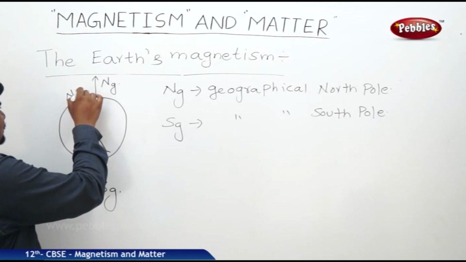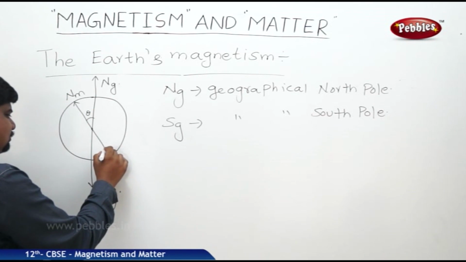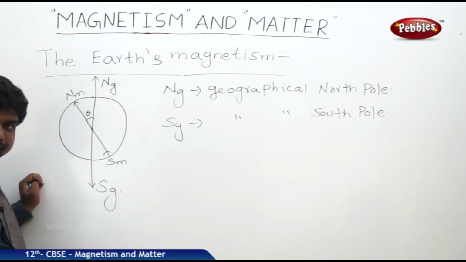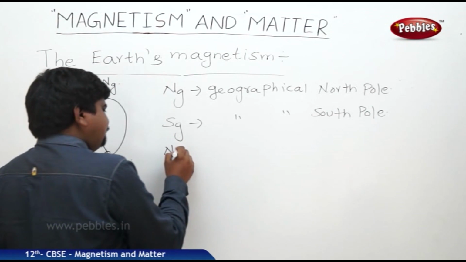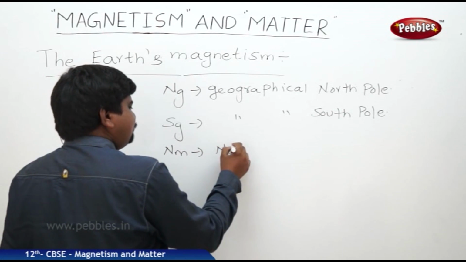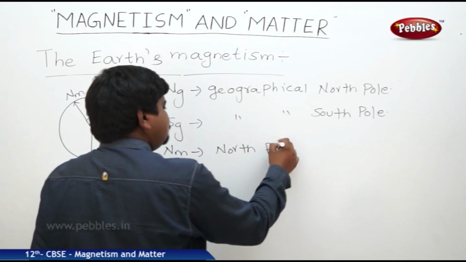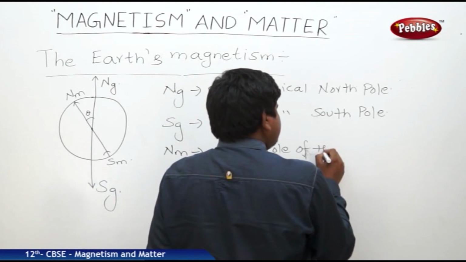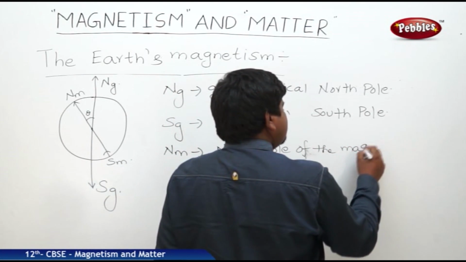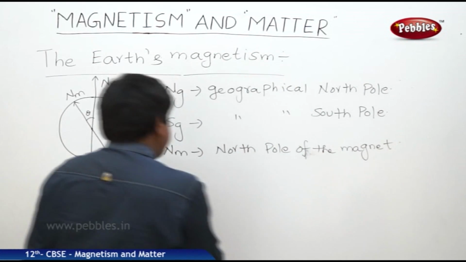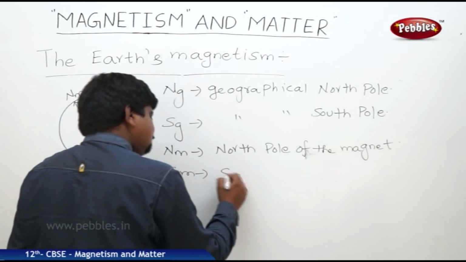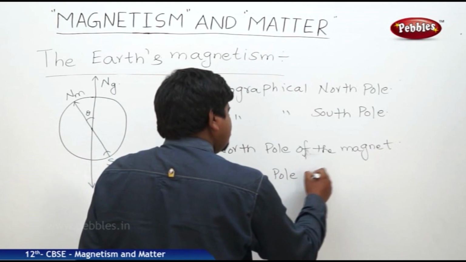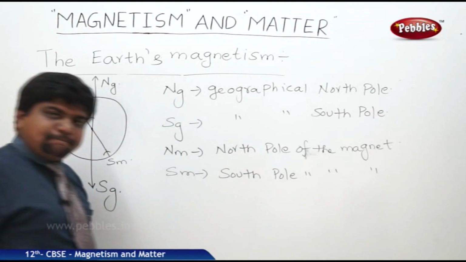So this is the north pole of the magnet, and this, we can extend this one, is the south pole of the magnet. NM, north pole of magnet. This SM, south pole of the magnet.